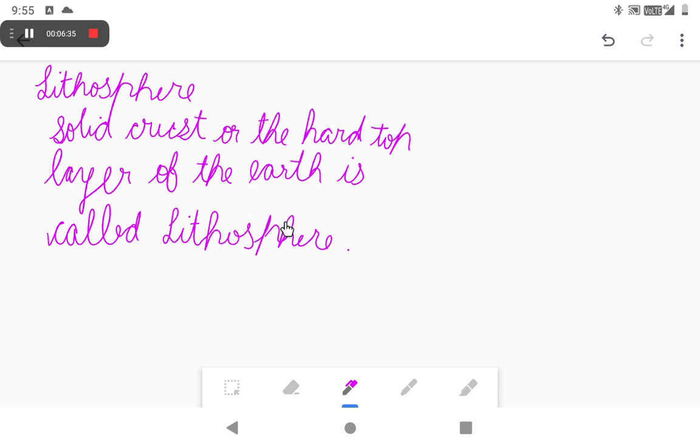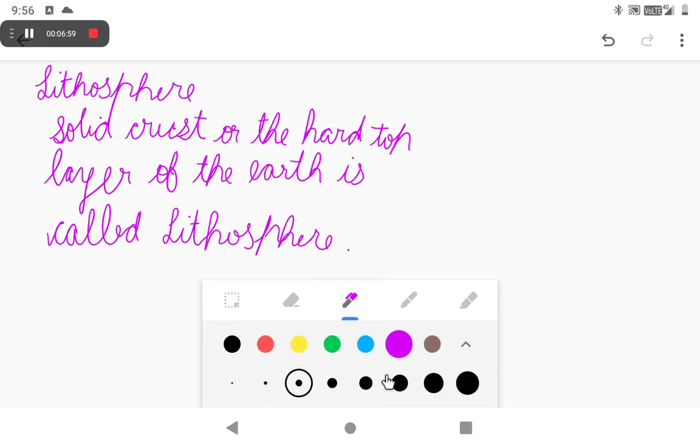Can you give some examples of lithosphere? The example is the land which we live on. It is hard and it is the solid portion of the earth. Lithosphere, atmosphere and biosphere are the domains of the environment.